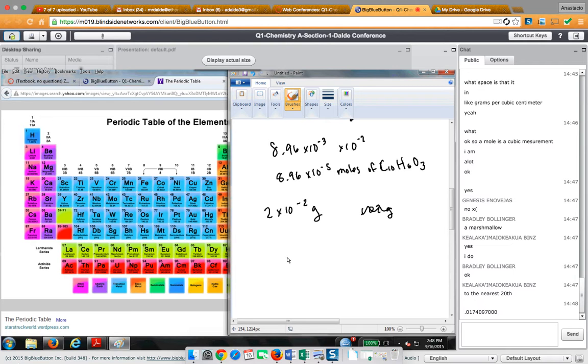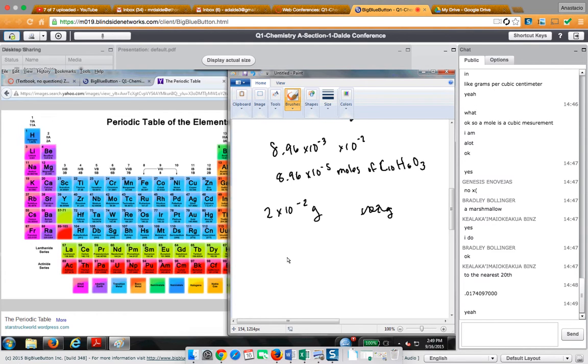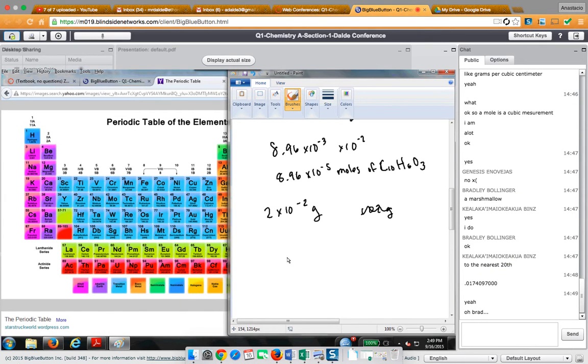Bradley, are you understanding kind of where we're going with that? Okay. Here's the problem. We're dealing with atoms. Those are way smaller than a single marshmallow.